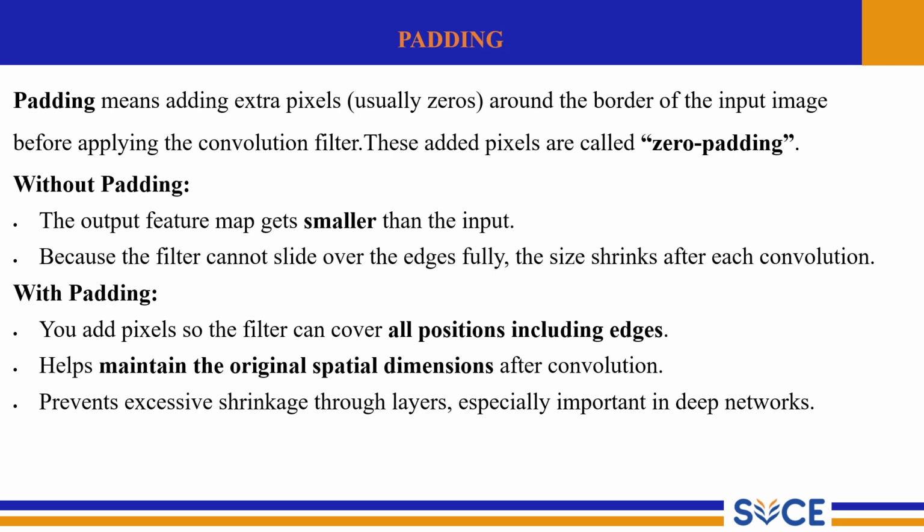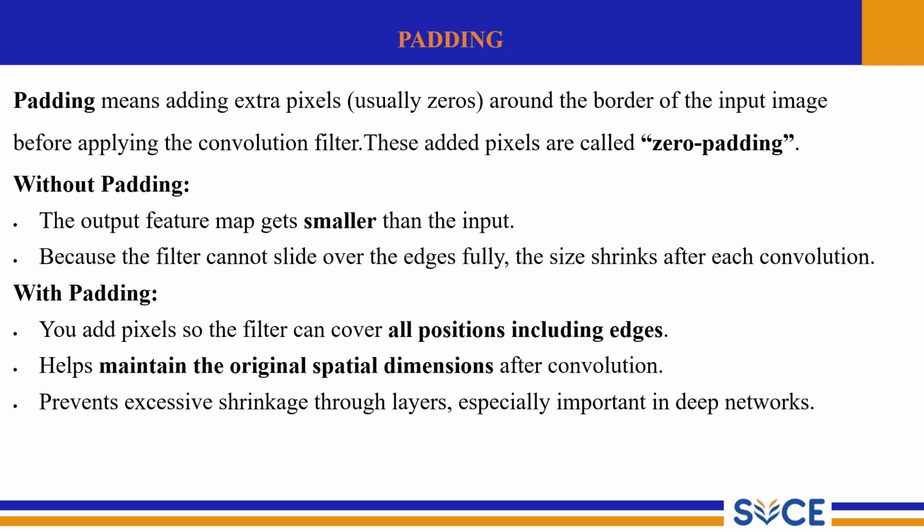As a result, the pixels near the edges are used fewer times than the central pixels. Because of this, the output feature map becomes smaller than the input image. Each convolutional operation reduces the spatial dimensions, and as we stack more convolutional layers, the feature maps shrink rapidly. This can lead to loss of important information, especially from the borders of the image.